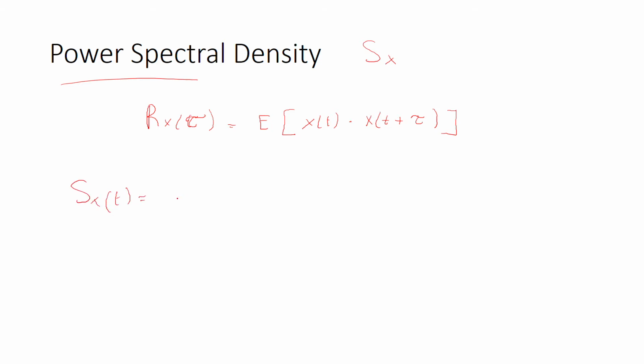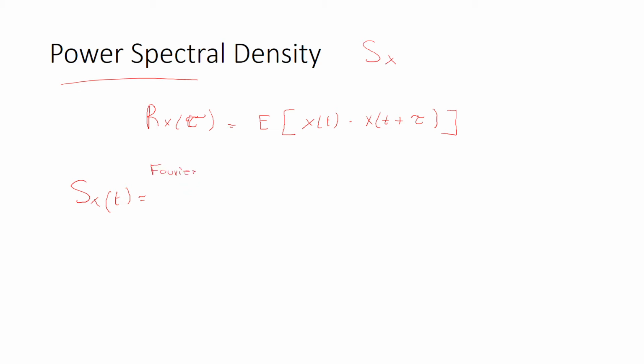So if you have, as I told you before, the autocorrelation function Rx(tau), remember that it was the average between x(t) times itself shifted by tau steps. Then the power spectral density, denoted as Sx(f), will be equal to the Fourier transform.